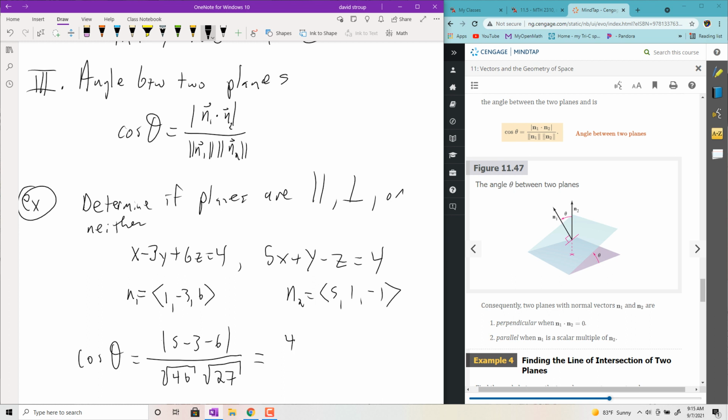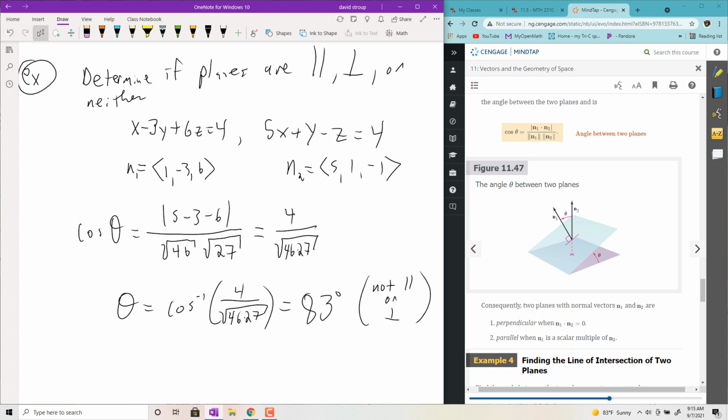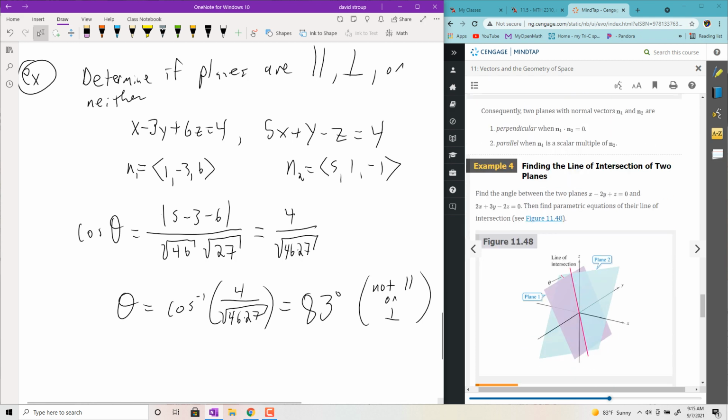Absolute value of negative 4 is 4 over the square root of the product of those two things. Then do cosine inverse on both sides, and theta is the cosine inverse of 4 over the square root of 46 times 27, which is about 83 degrees from my calculator. So in this case, they're not parallel or perpendicular.